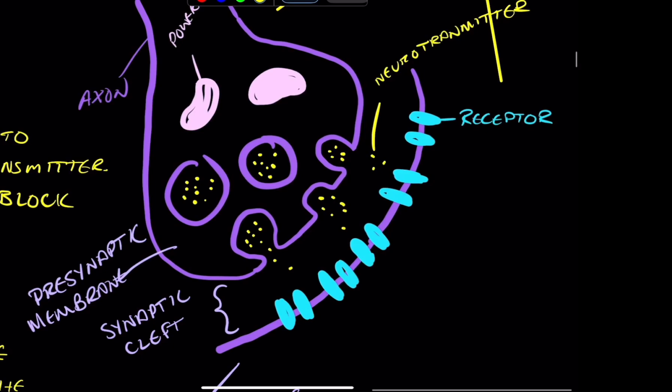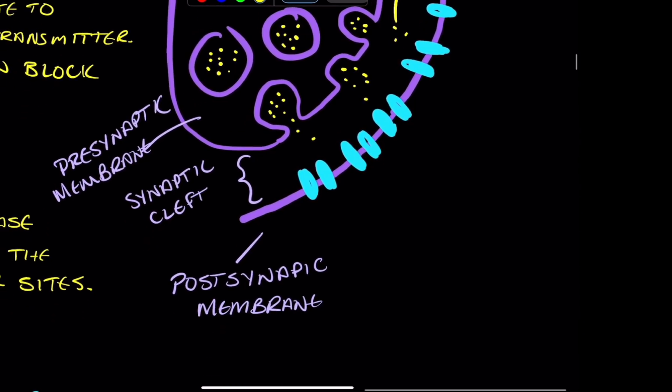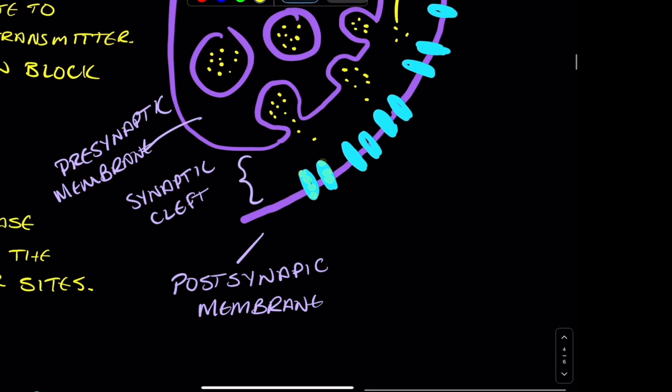These neurotransmitters' job is to attach to receptors on the adjacent cell. So they have to cross the synaptic cleft, which is the space between the two neurons, and attach to the receptor proteins, which will then activate the next cell in that chain.